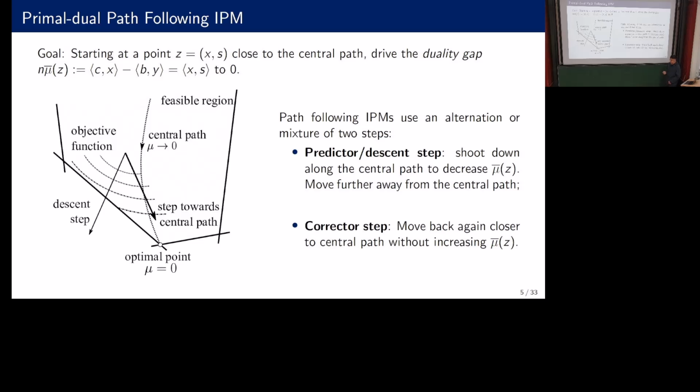The first is called the predictor step, also known as the descent step, which, as the picture shows, shoots down along the central path to decrease the duality gap, but usually at the cost of moving further from the central path. We don't want to deviate too far from the central path, because that is what leads us to the optimal solution. So we use the second type of step, which moves us closer again to the central path without increasing the duality gap, so that we don't undo any progress made by the predictor step.